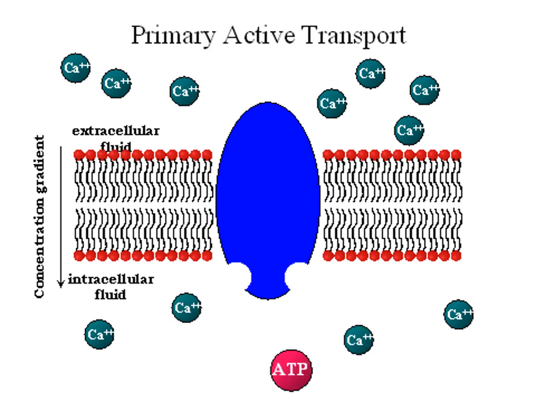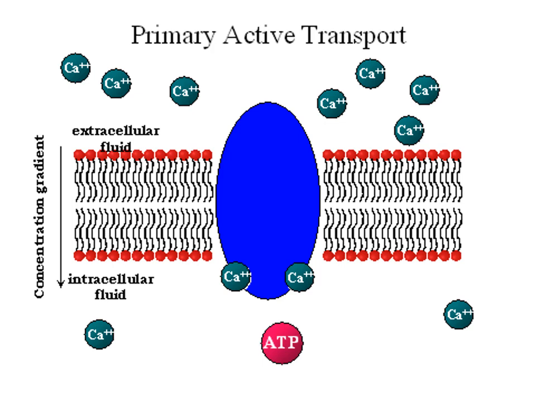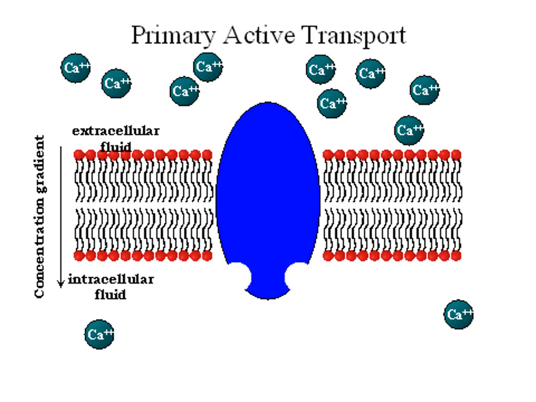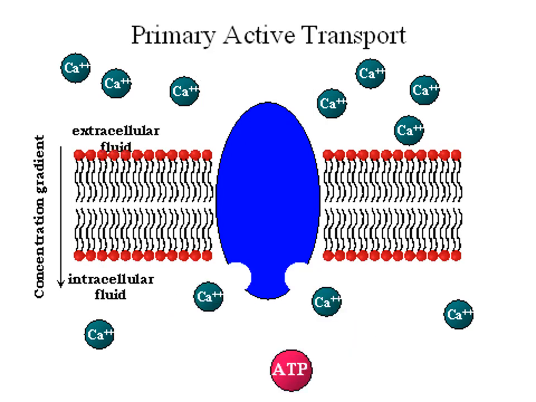This requires a carrier protein, like you see here in blue, and a form of energy, usually ATP, because movement against a concentration gradient is not a spontaneous process. This is called active transport.